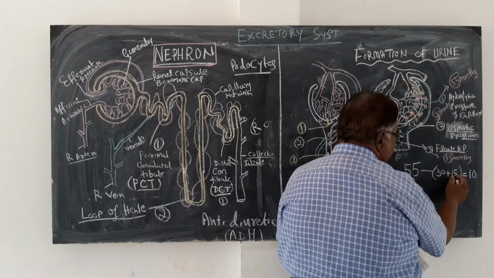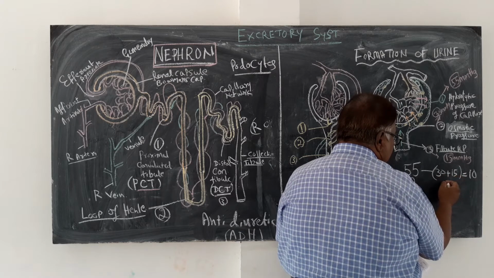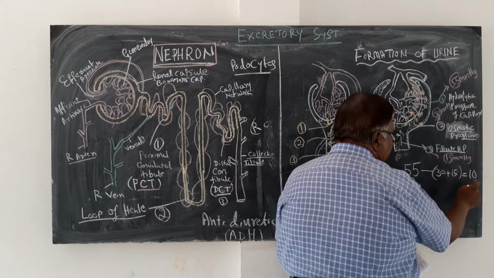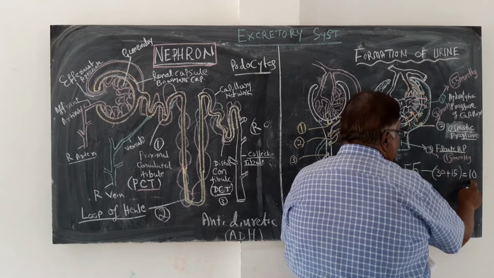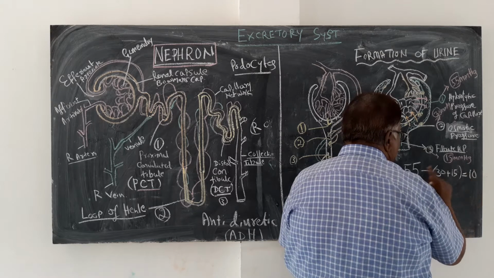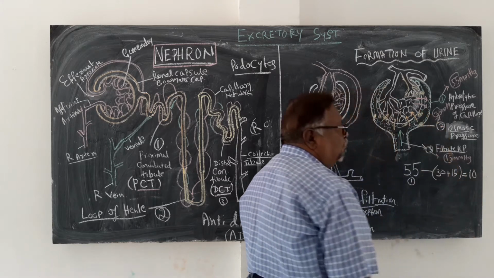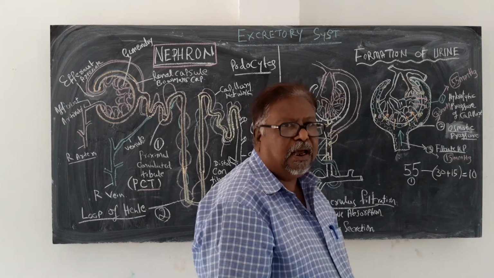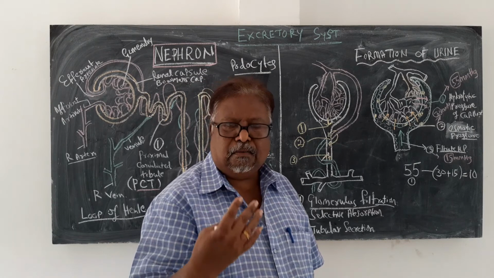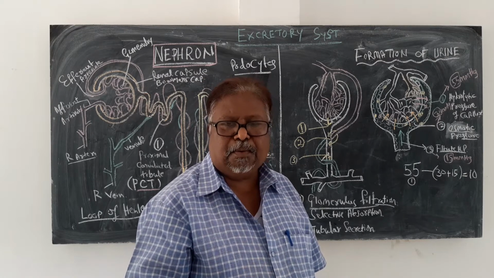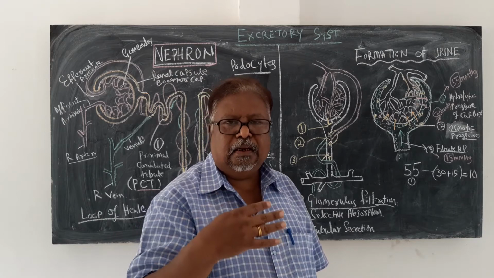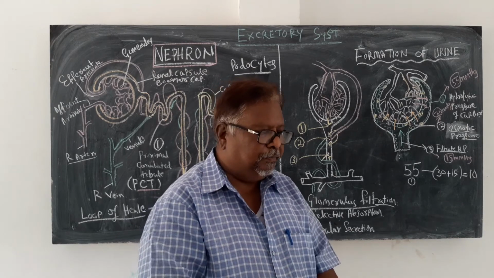This 30 and 15 work together to oppose this 55, but they will fail, because the hydrostatic pressure of 10 mmHg is more in the blood of the capillaries. Hence the excess pressure of 10 mmHg is exerted. Then the filtrate starts.